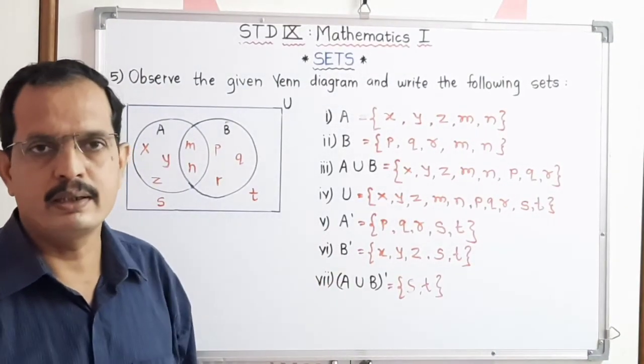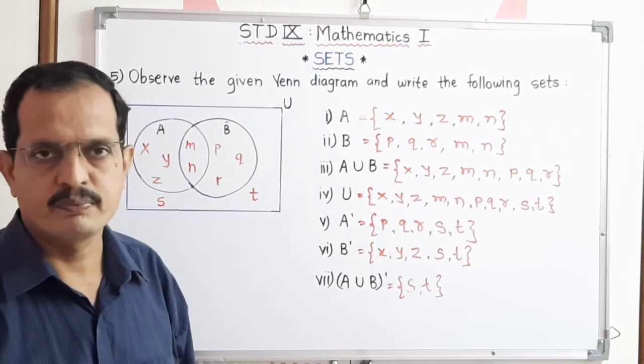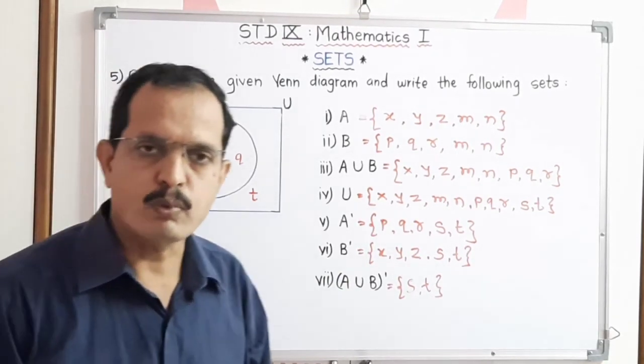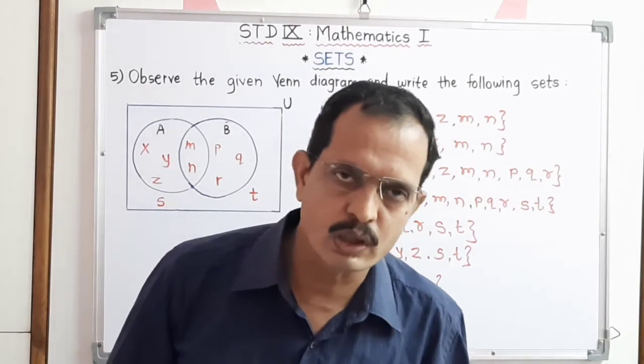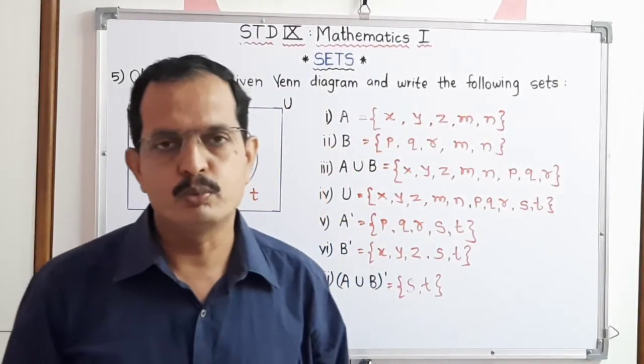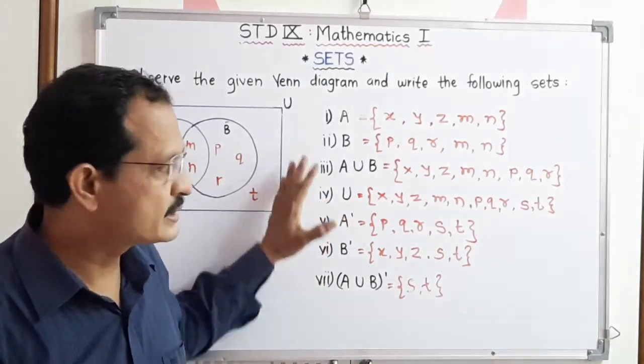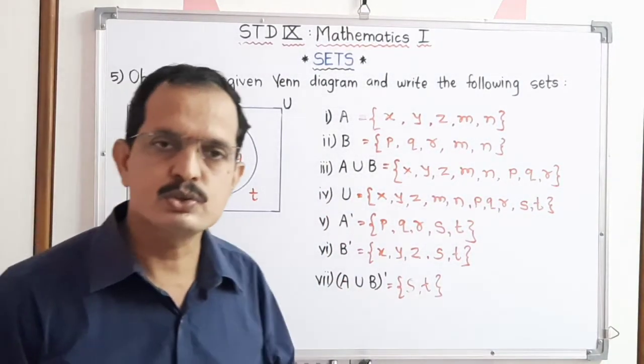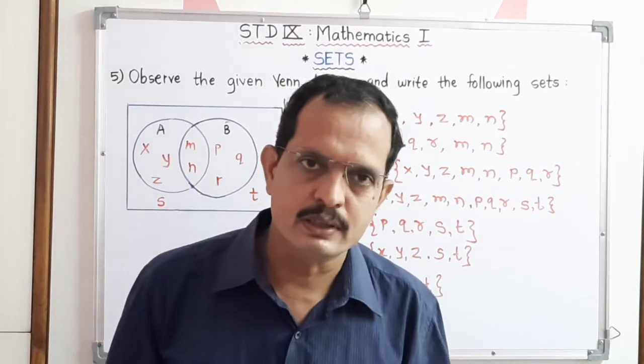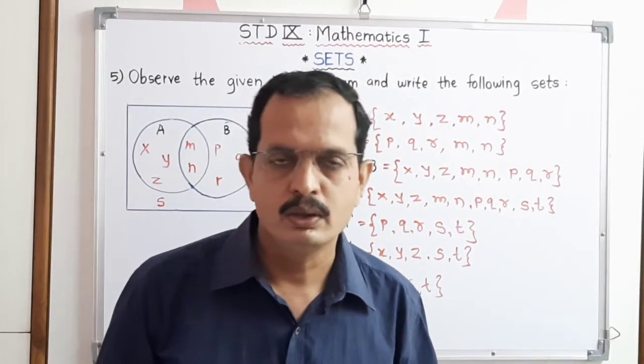Here we completed the first chapter, Sets. The problem set you have to solve in your notebook. Go through all the videos of the set, then try to solve the problem set and write it in your notebook.